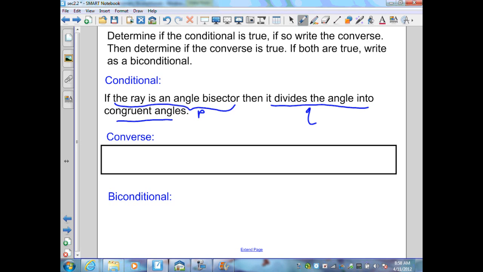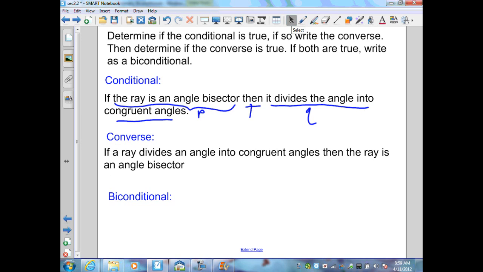If it is an angle bisector, it divides the angle into two congruent angles. This is true. We can now create the converse just by switching P and Q. If a ray divides an angle into two congruent angles, then the ray is an angle bisector. This is also a true definition.